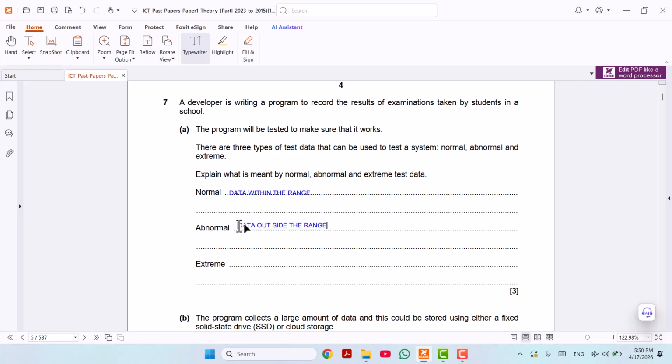Extreme data is data on the limit of acceptability, the limit to be accepted. So data is on the limit. It's a very easy question, but you must read the question carefully and you can answer in an easy way.